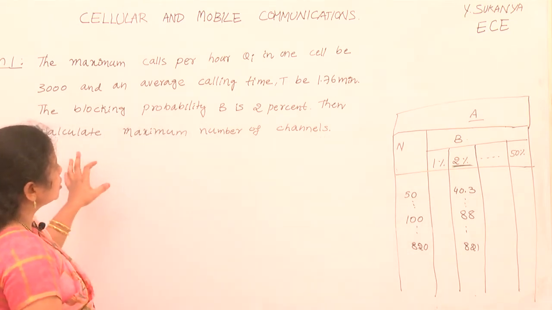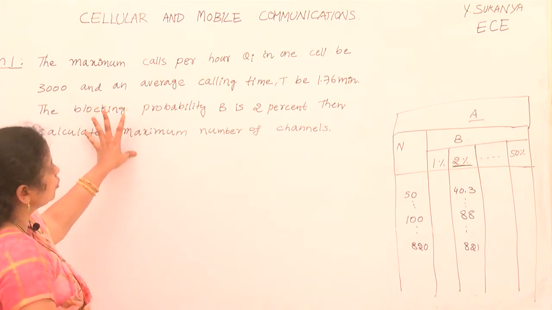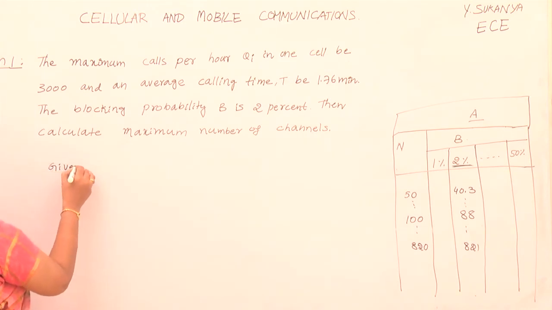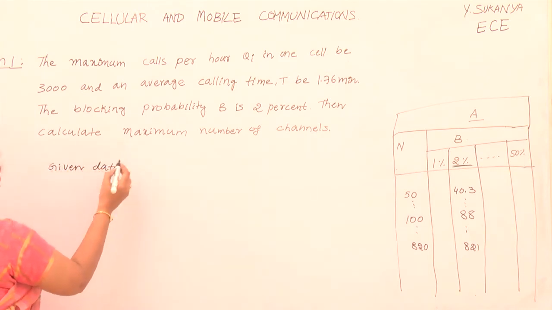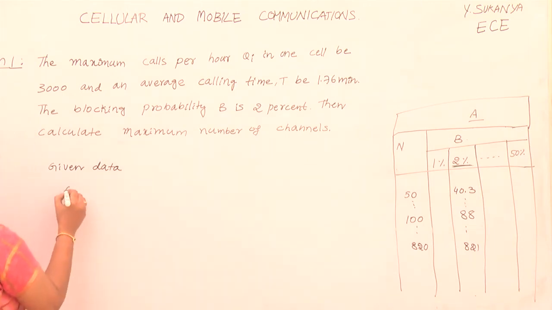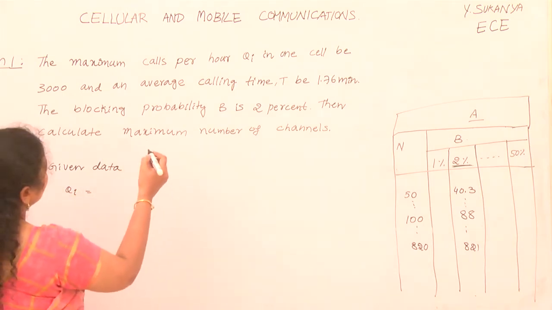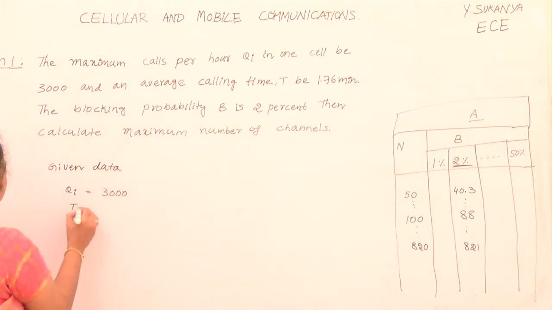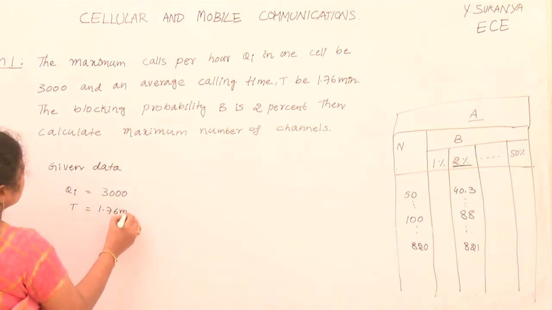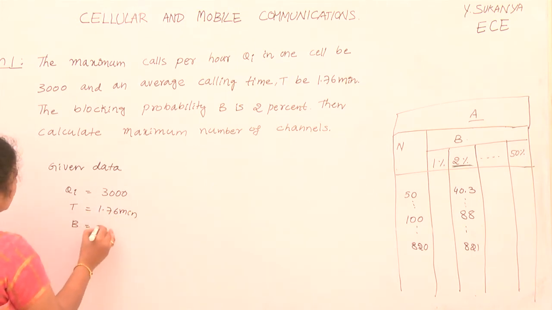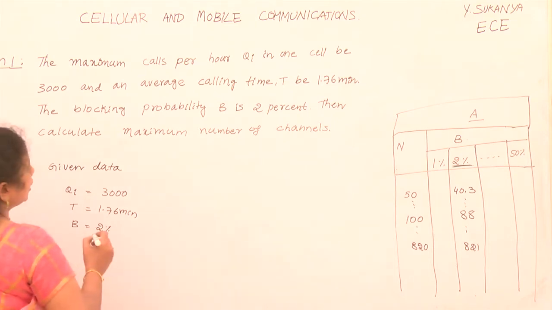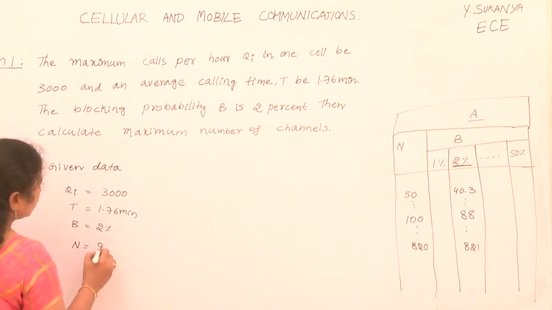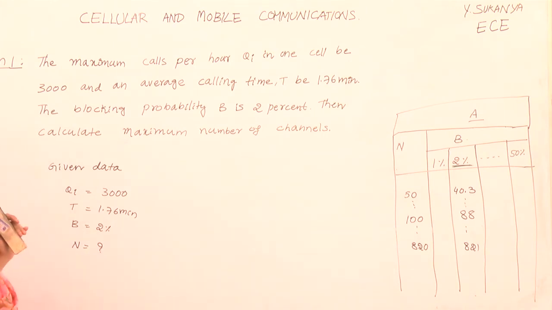From this problem, I can write the given data: Qi is 3000, the time duration is 1.76 minutes, the blocking probability is 2%. You need to calculate the maximum number of channels required for this system.